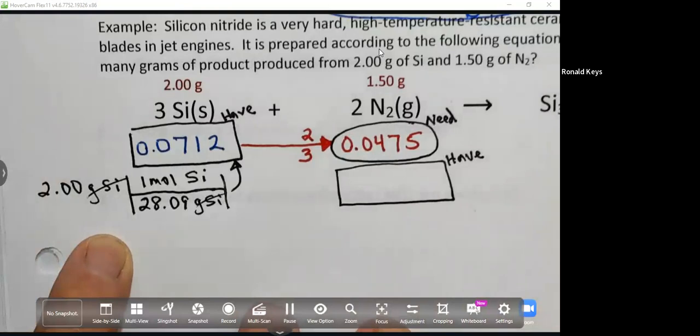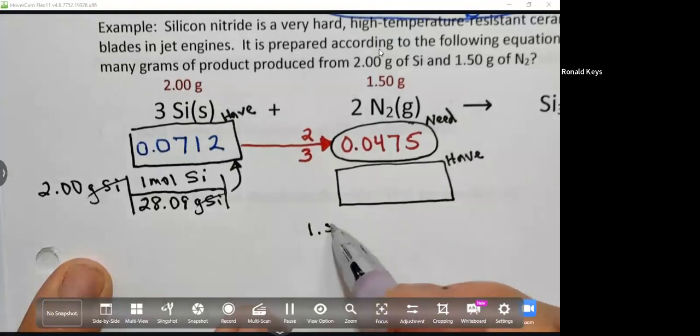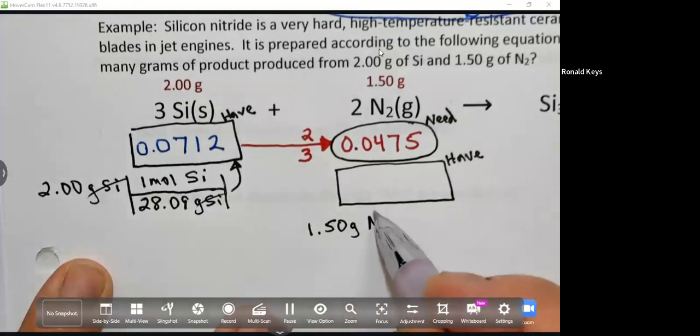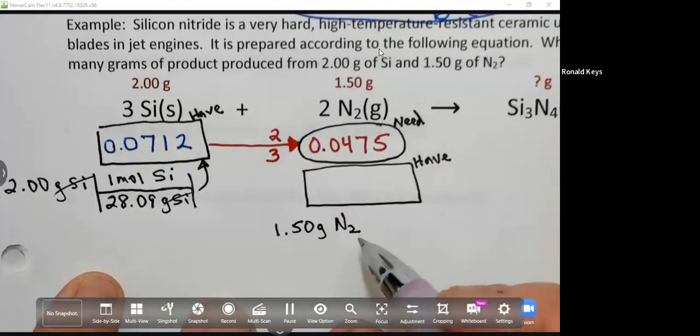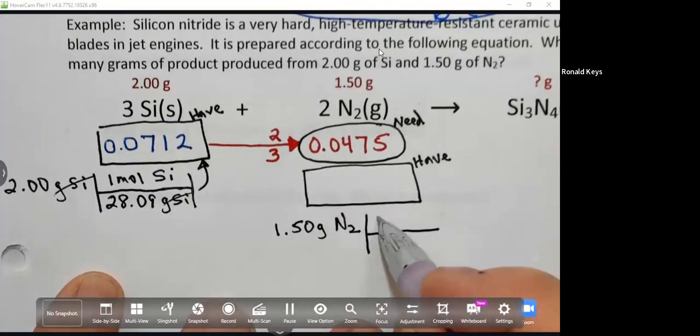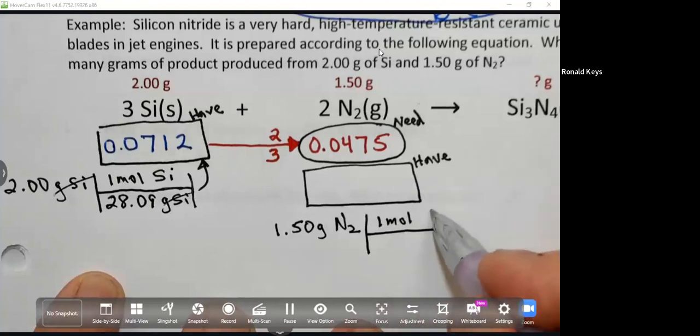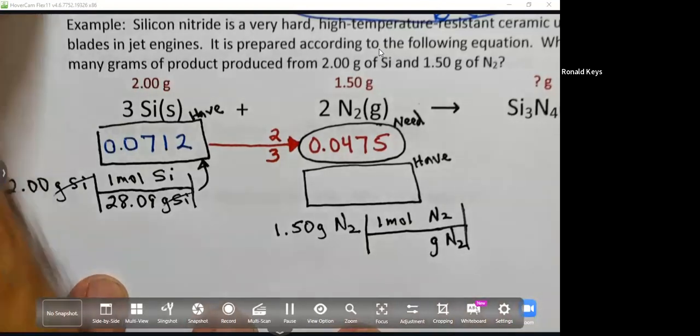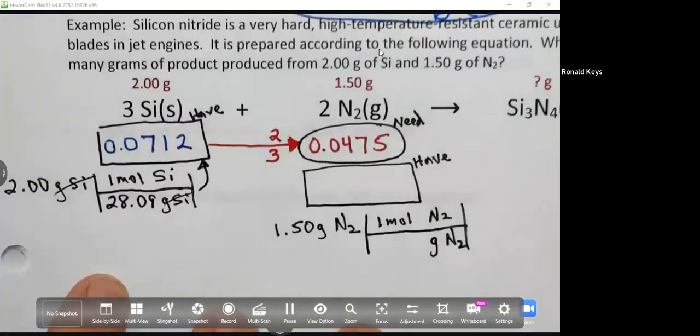Well, let's figure out how many moles I actually have. It's right here. I have 1.50 grams of nitrogen. 14.01 for nitrogen from the periodic table, two decimal places.